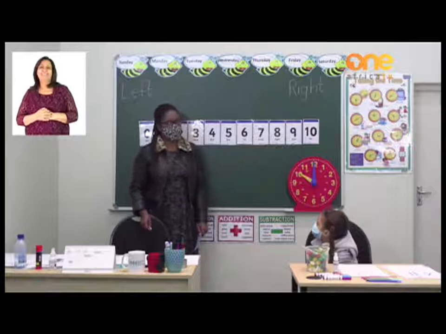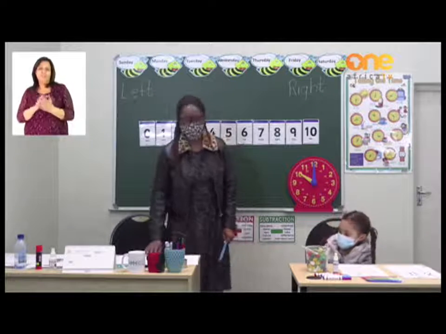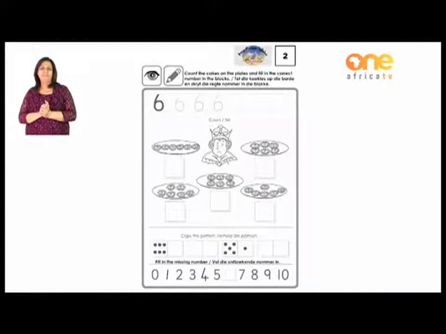That is how we count. Let's go back to our activity in the booklet on page 12. At the bottom of page 12, now we need to fill in the missing number between 5 and 7. Well done. I'm sure you have figured it out.